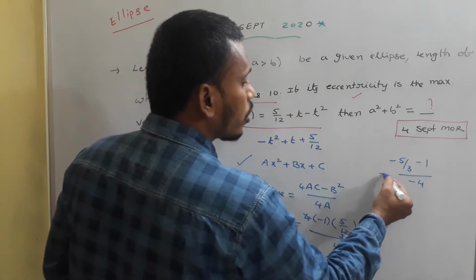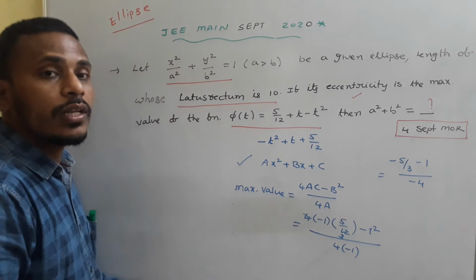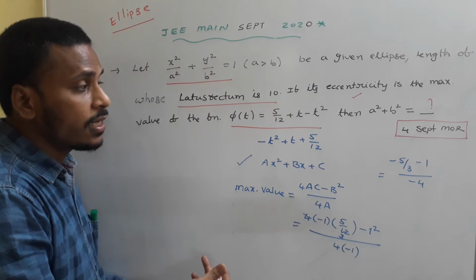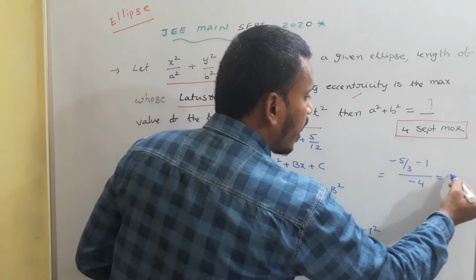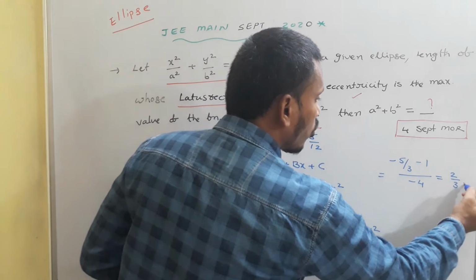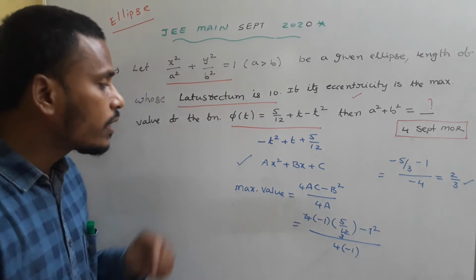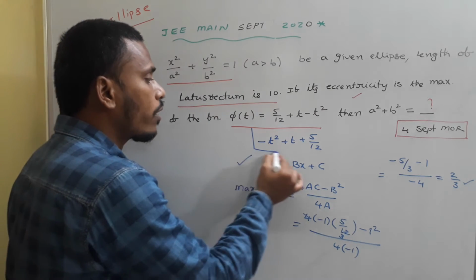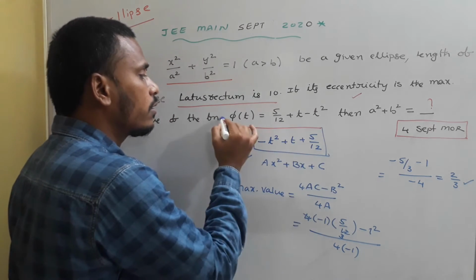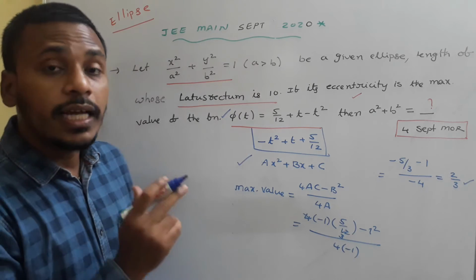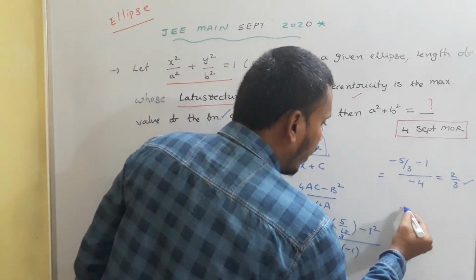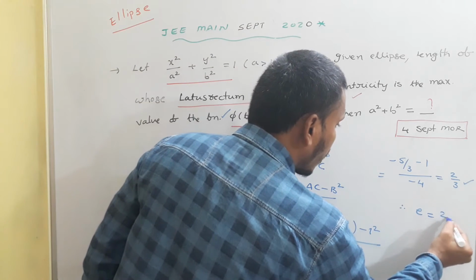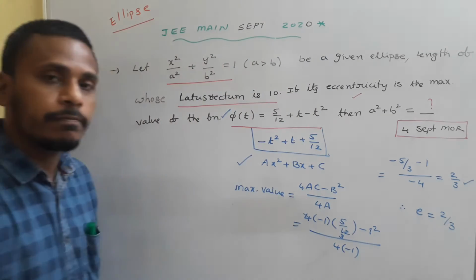The numerator minus 5 by 3 minus 1 is minus 8 by 3, and divided by minus 4 it is simply 2 by 3. So 2 by 3 is the maximum value of this quadratic expression, that is, of this function. We treat that 2 by 3 as the eccentricity of the ellipse. Therefore, the eccentricity of the given ellipse is 2 by 3.